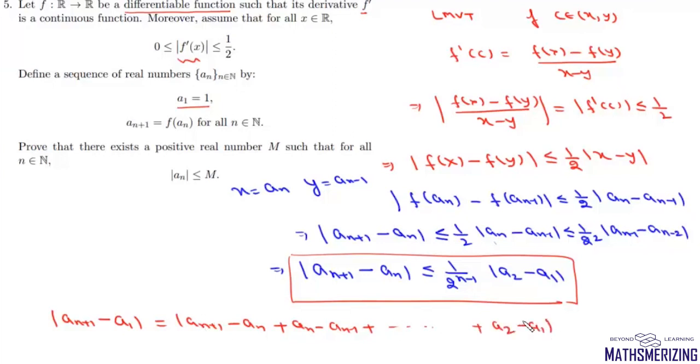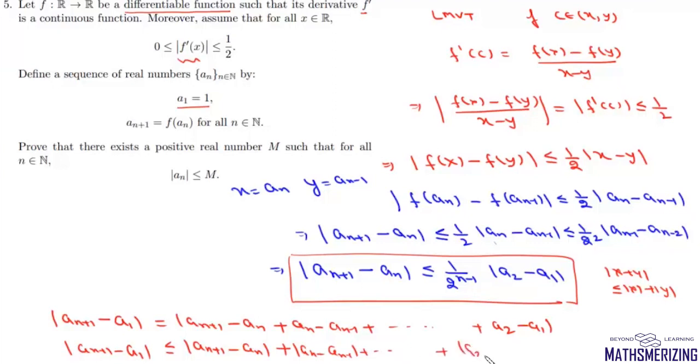Now we know that mod of x plus y is always less than or equal to mod x plus mod y. So we can write mod of an plus 1 minus a1 will always be less than or equal to mod of an plus 1 minus an plus mod of an minus 1, and continue up to mod of a2 minus a1.